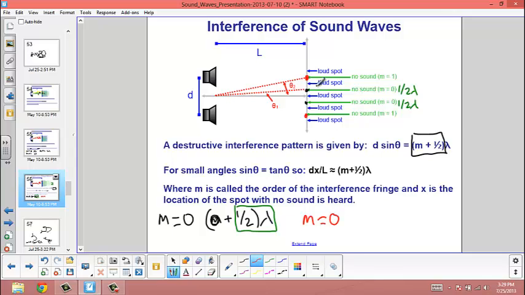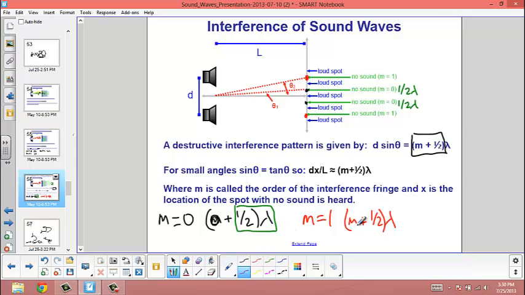m equals 0 corresponds with these 2 dots. Well, we made a mistake. That's not m equals 0. Again, that's m equals 1. So I'll write the equation, m plus 1/2 times lambda, so we're looking at the right side of that equation. And we'll say that m equals 1 here. We're just going to use a different color to contrast.